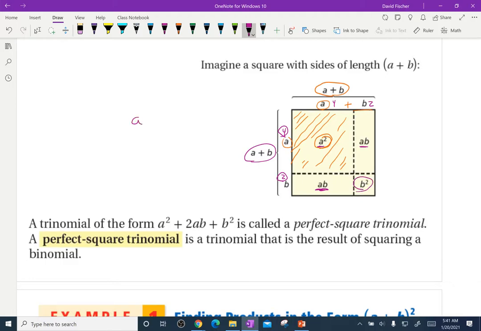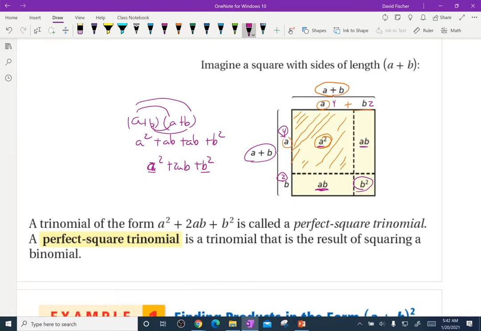Now if we did that over here, a plus b times a plus b, because that's what the length of my side is after I added it, I get a squared plus ab plus another ab plus b squared. Whoops, that's an a squared at the beginning there.